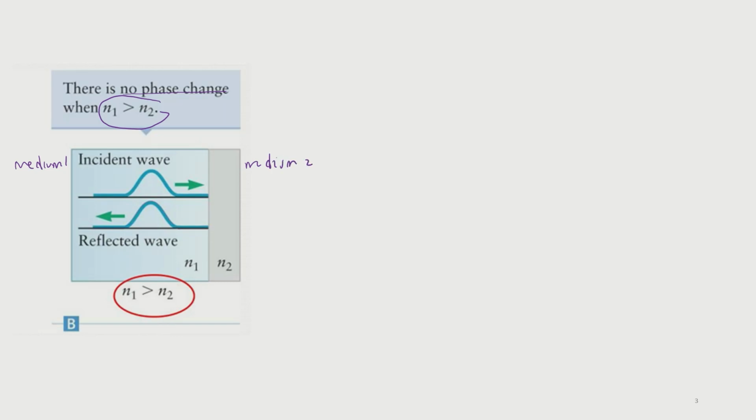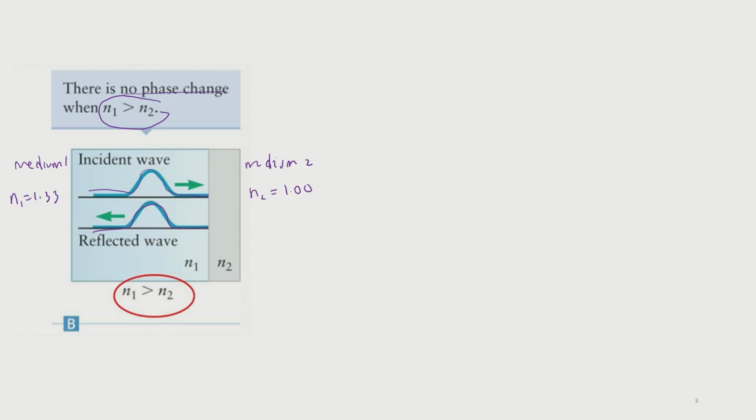For example, the refractive index of medium 1 is 1.33 and of medium 2 is 1. The incident wave is a positive wave and the reflected wave is a positive wave as well. So there is no phase change.